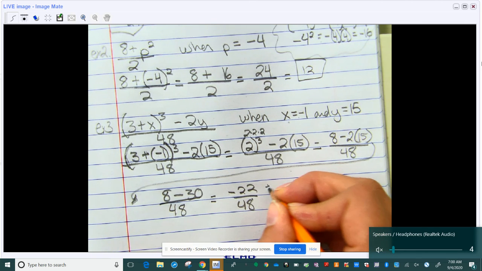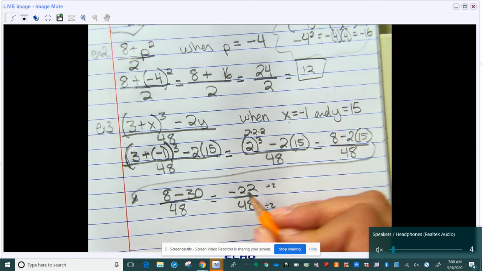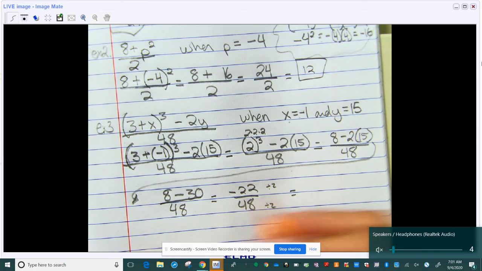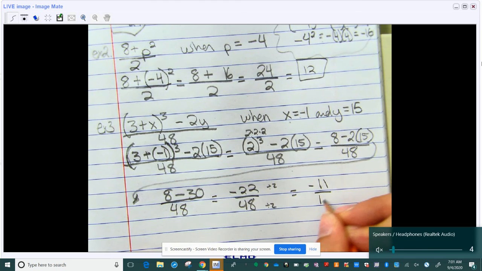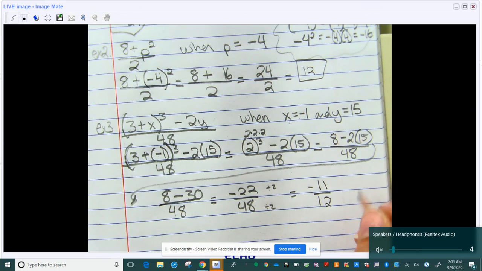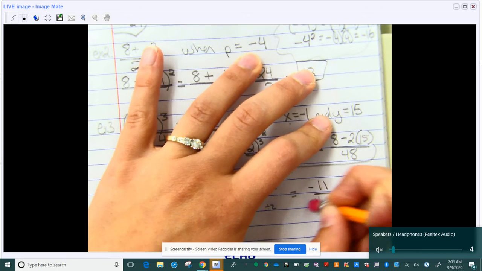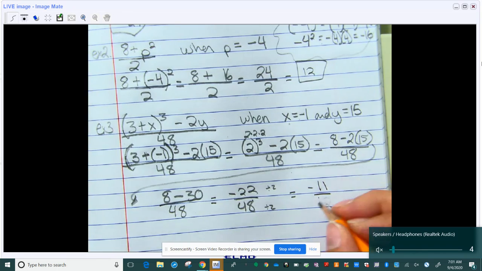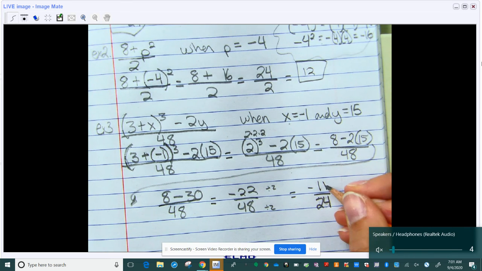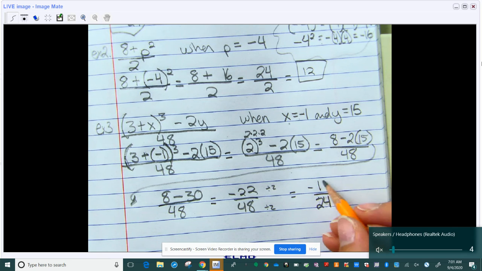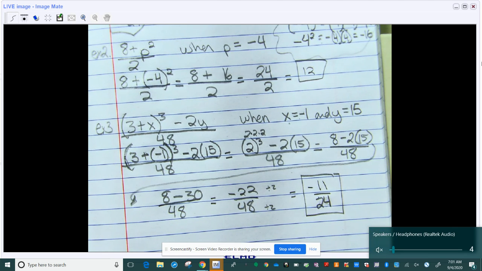So we can divide this by 2 and this by 2. Negative 22 divided by 2 gives us a negative 11. 48 divided by 2 is 24. From there, 11 is prime. 24 can't divide by 11, so we can leave our fraction as is, negative 11/24.